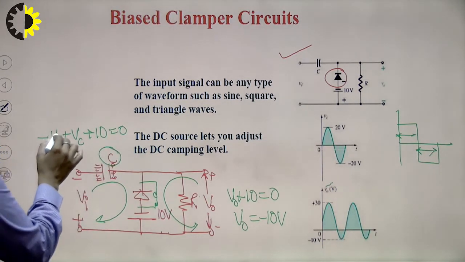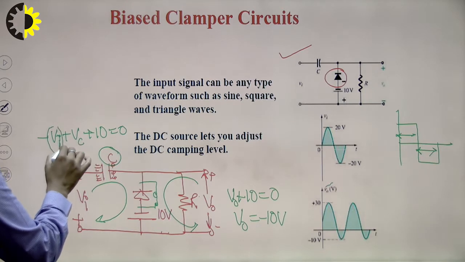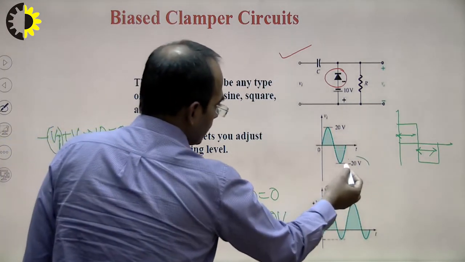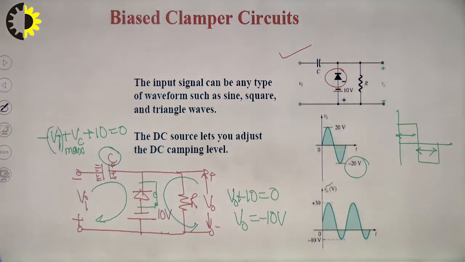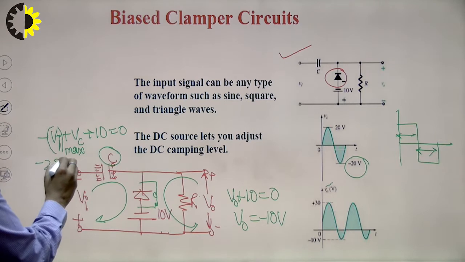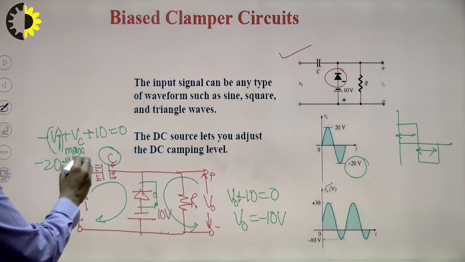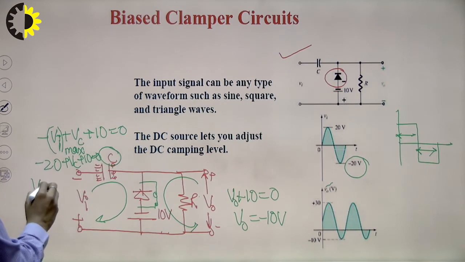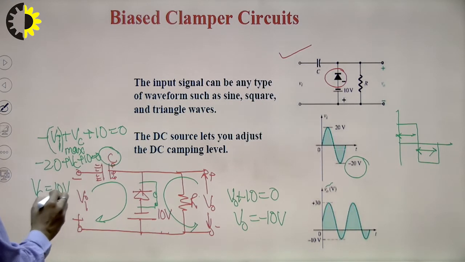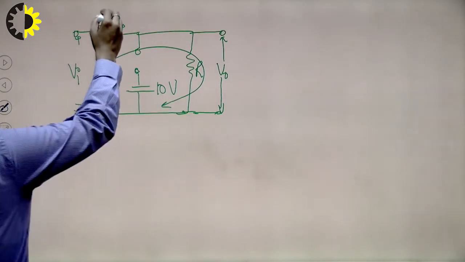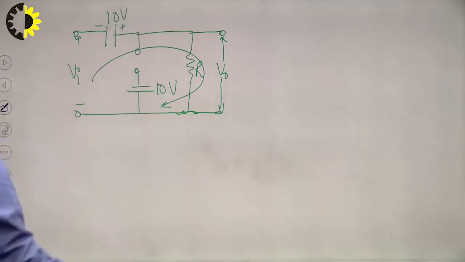So, you have to consider here Vi maximum. What is the Vi maximum? Vi maximum is minus 20 volt. So, minus 20 plus Vc plus 10 is equal to 0. So, Vc is equal to 10 volt. So, here you can put this is 10 volt.